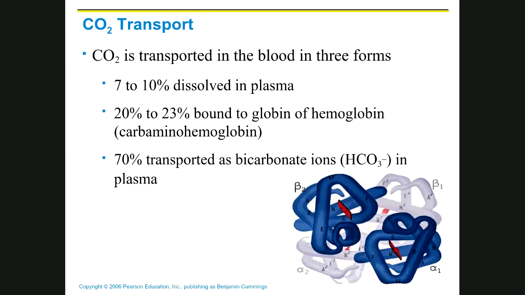So let's talk about carbon dioxide. Carbon dioxide is more soluble in water than oxygen is. In fact, it's about 20 times more soluble. And so it's easier to put the carbon dioxide into the water of the blood.